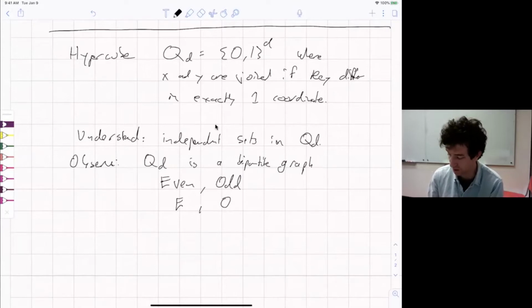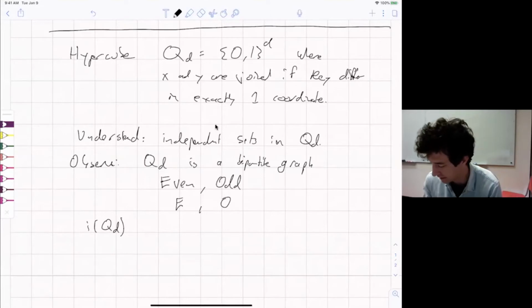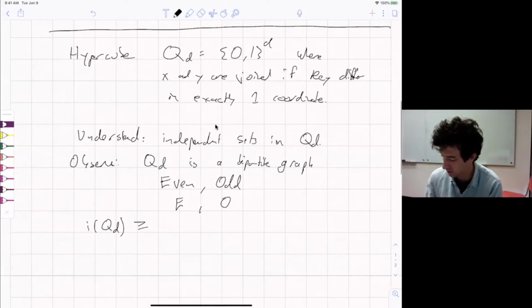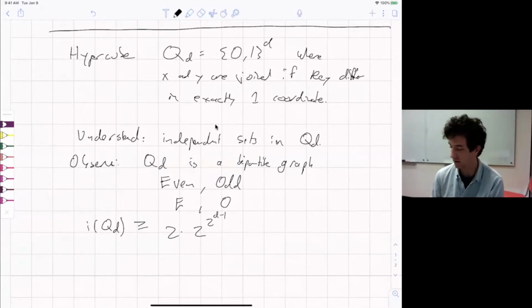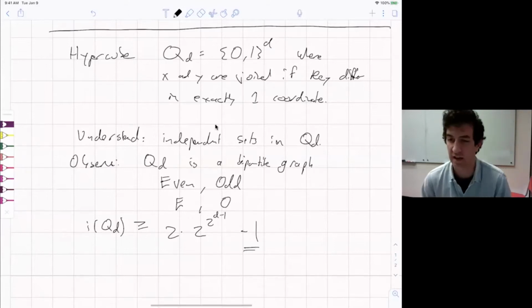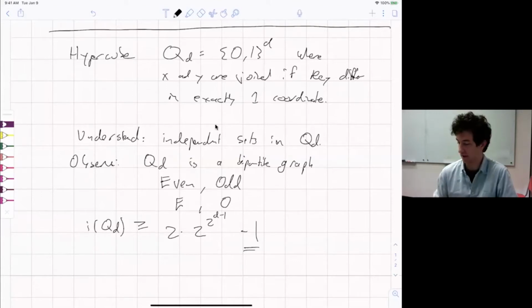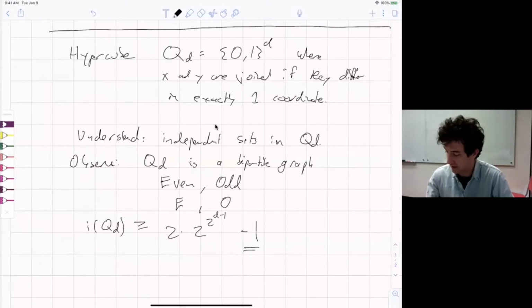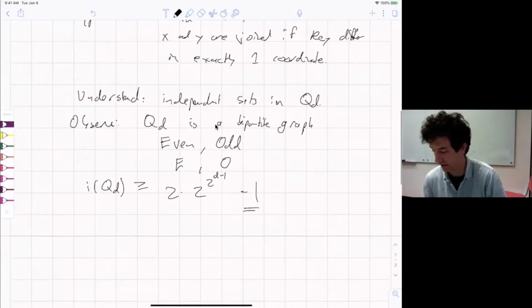And so the number of independent sets of the hypercube is at least 2 times 2^(2^(d-1)) minus 1: you have a factor 2 for even and odd, and then any subsets of evens or odds. Of course, the empty independent set is counted twice, so we should put a minus 1 there. But this minus 1 is not significant at all compared to the double exponential in d. Okay, so this is a lower bound for the number of independent sets in the hypercube.